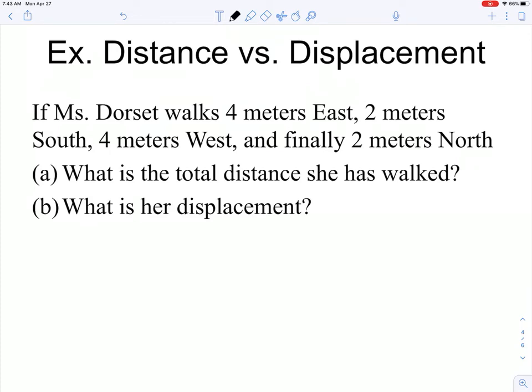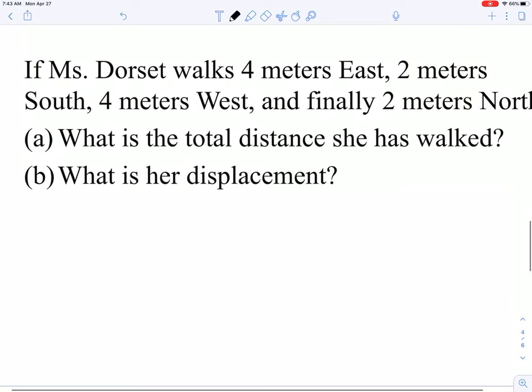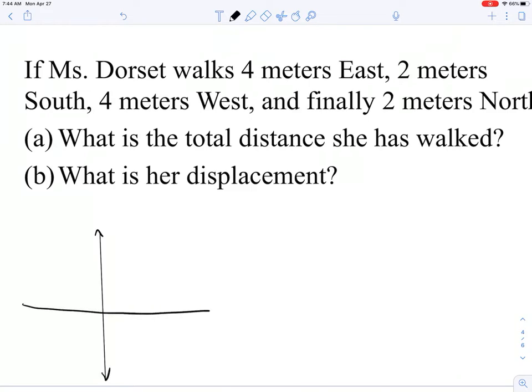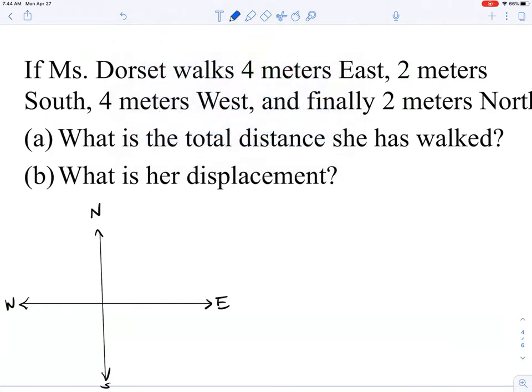So let's look at some examples where we're going to look at what the distance traveled is versus what the displacement is. So if Ms. Dorset walks 4 meters east, why don't we draw this in a picture? So how about in the XY plane? I'm going to label this north, south, west, east.